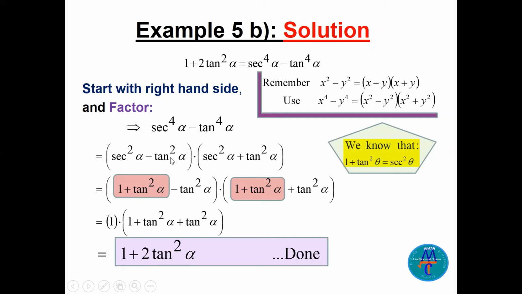There is a minus, see from the factoring, and here there is a plus. Now when you add these, see there is a 1 here, tan squared of alpha minus tan squared of alpha, that's 0. See the whole bracket here, the first bracket is only 1. That's nice. Now the second one, we can add tan squared of alpha, so it will be 1 plus 2 tan squared of alpha. We say done, because this is the left side.